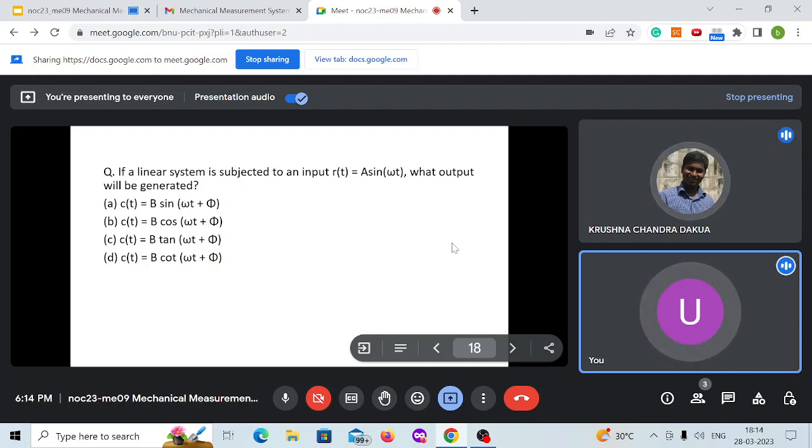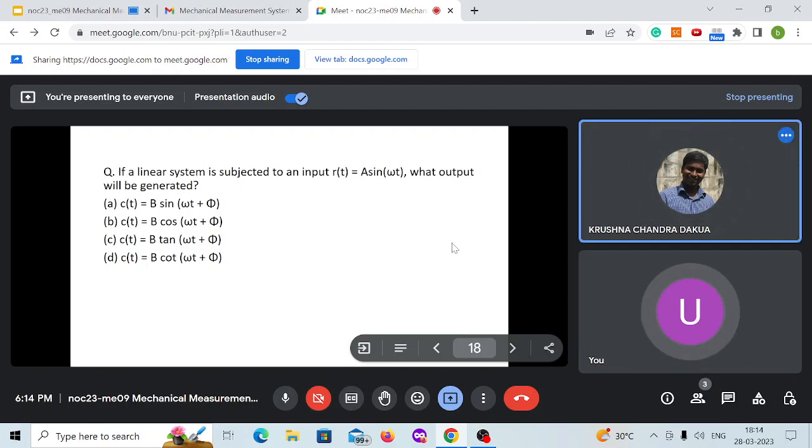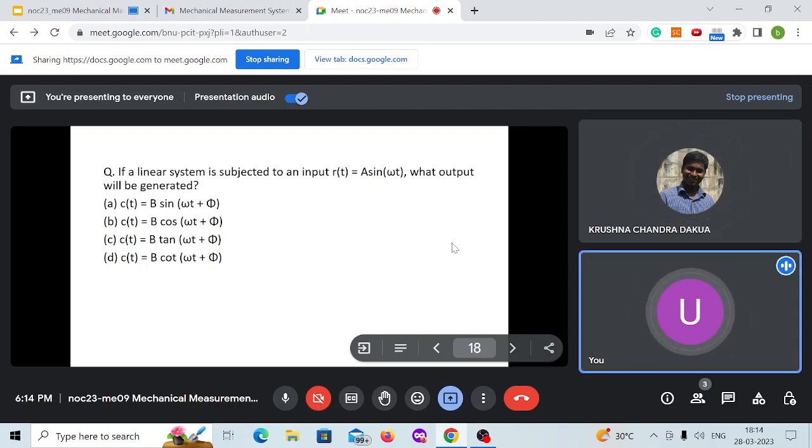It's a linear system with input A sine omega t. The output expected has the magnitude changing to B, and there is also a phase lag.